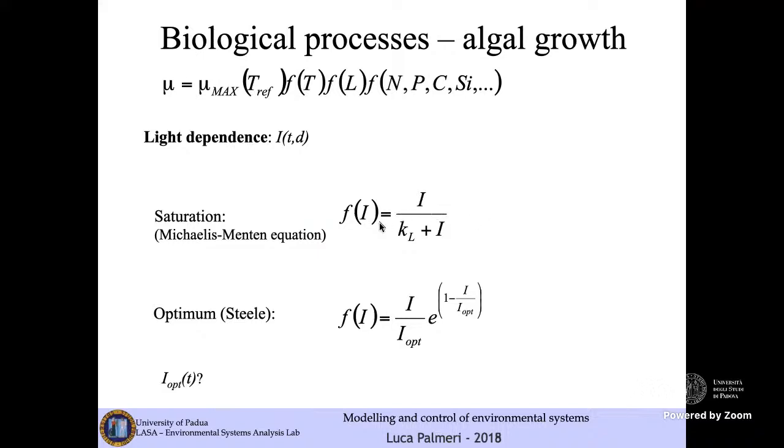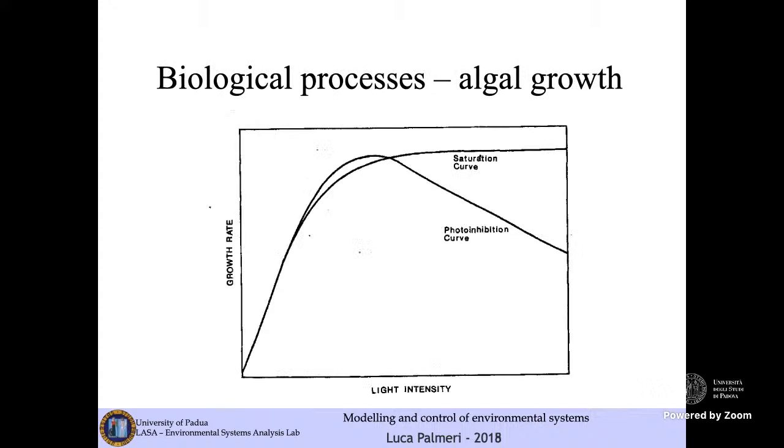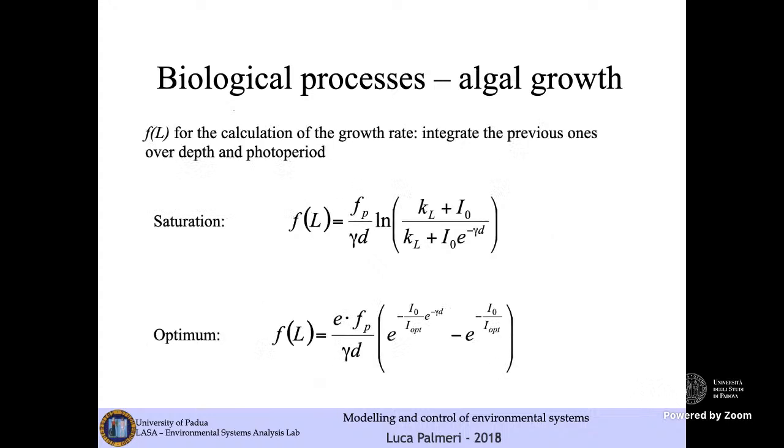Please remember that light intensity E depends on the day of the year, on the latitude, and also on the depth at which you are describing your system. And by now, you know that the depth shall be taken into account by the Lambert-Beer light absorption phenomenon, or light extinction phenomenon.